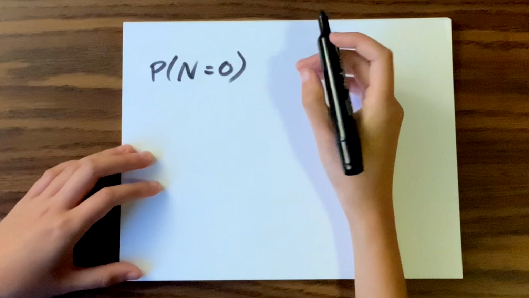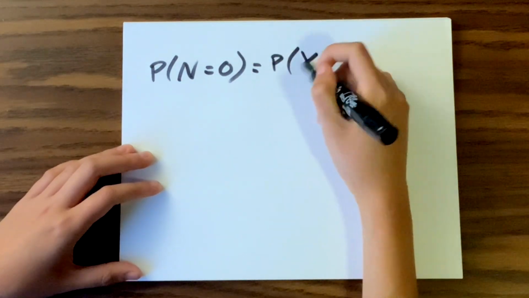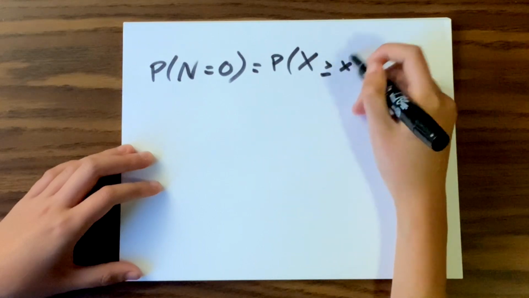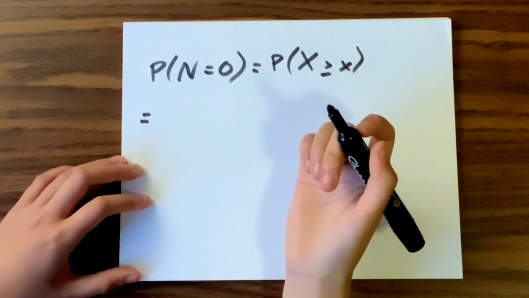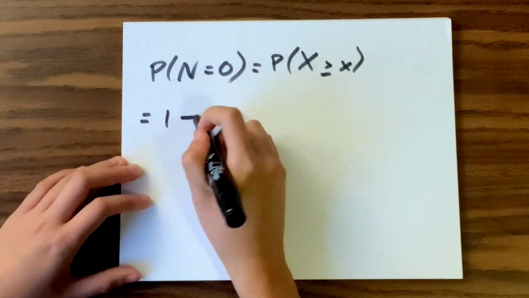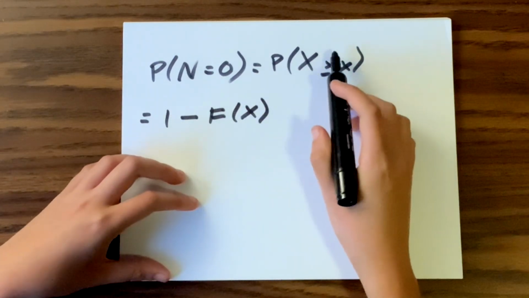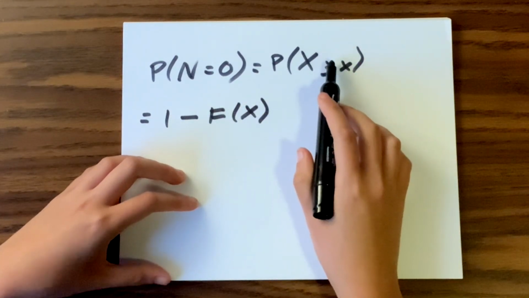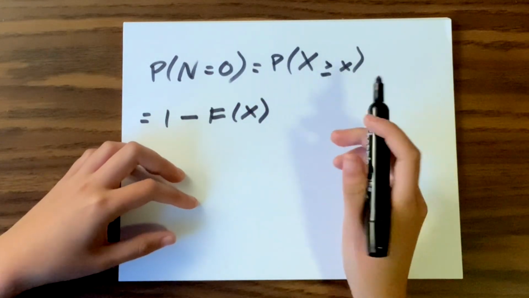We can rewrite the probability of X being greater than or equal to some value little x as 1 minus big F of x, since we're doing a reverse sign here from what we normally have, so we subtract our CDF value.